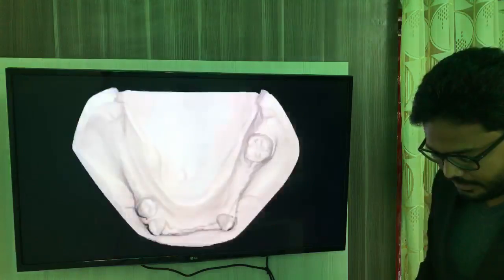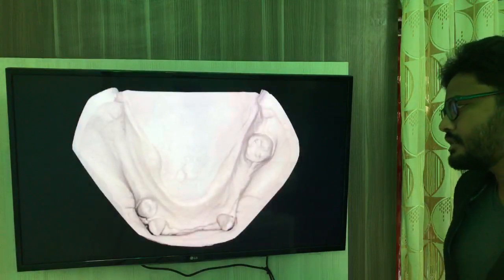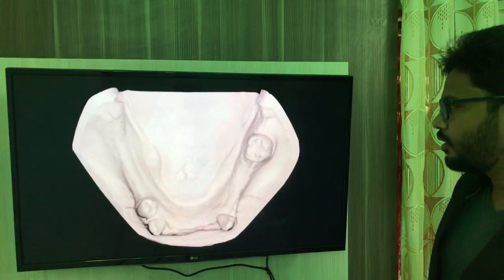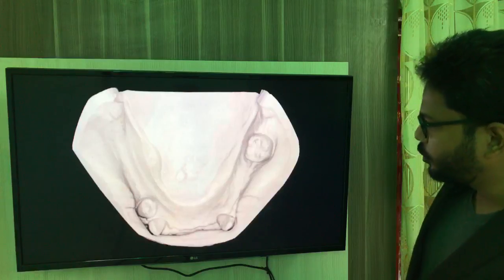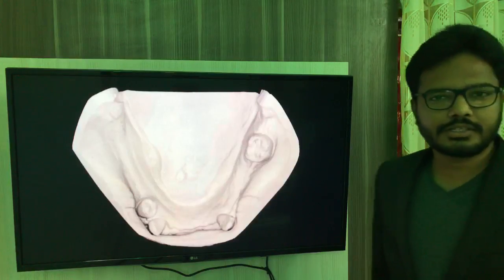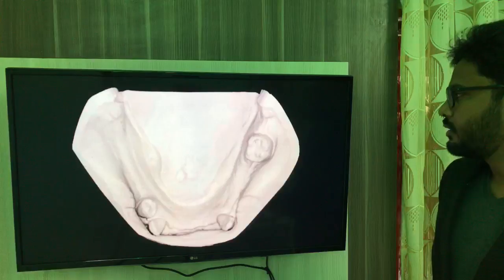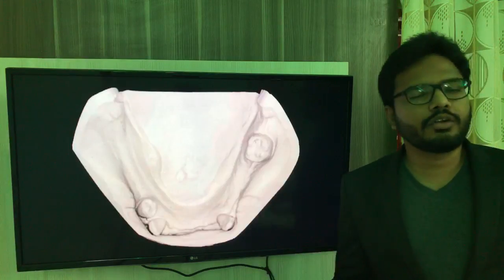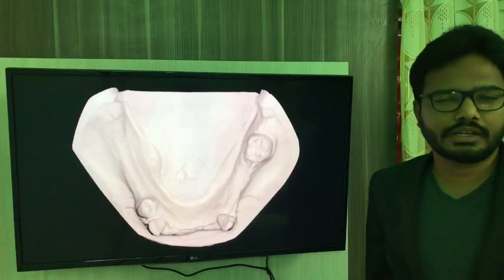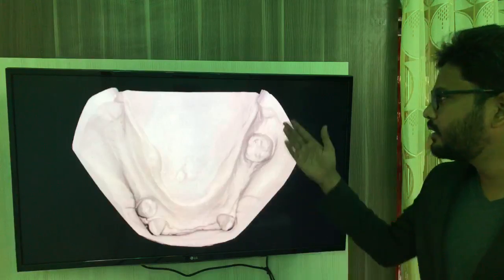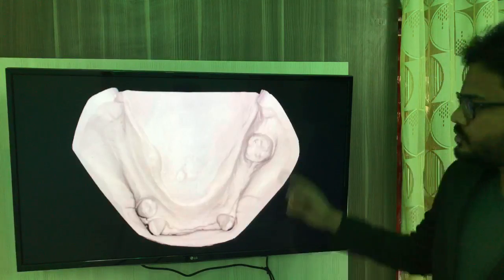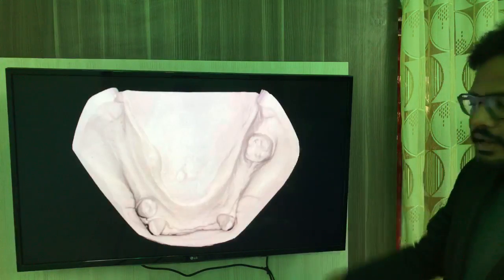And what about this lower cast, where you can see almost 1, 2, 3 edentulous spaces? If the third molar is missing and need not be restored or reconstructed, then there is no point in including that in the classification, so you can neglect this edentulous area.